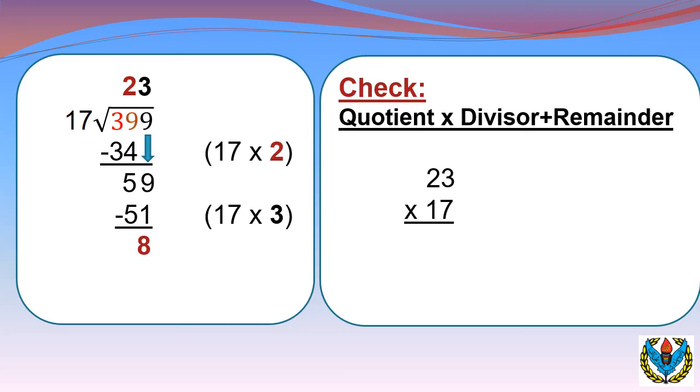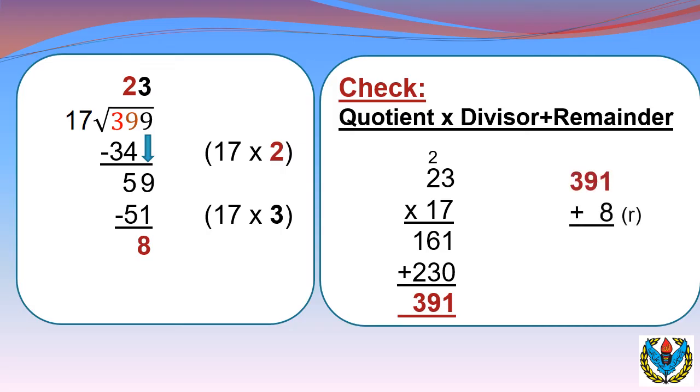As you have done multiplication in the previous lecture, here you have to multiply 23 by 7 first, and then multiply 23 by 1, which is at tens place, and then add both of these, and we will get 391. Now we have to add the remainder to this answer. We add 391 and the remainder 8, and we will get 399, which is our dividend. So our answer is 23 remainder 8.